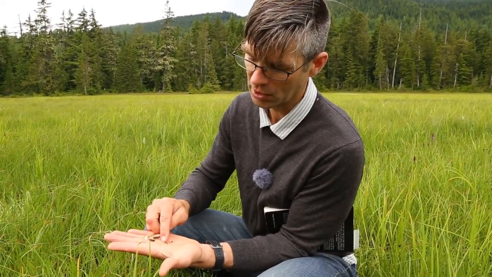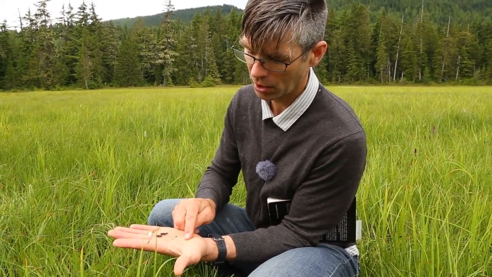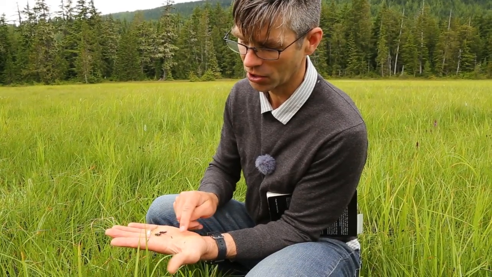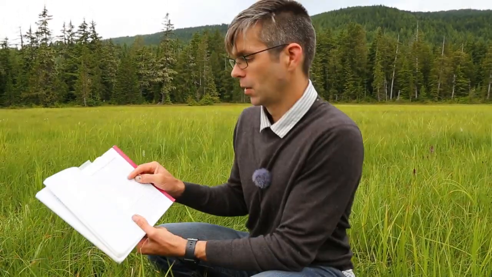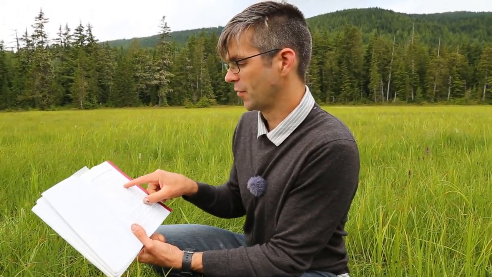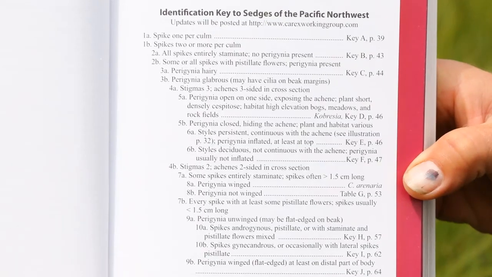We can see that this perigenium is totally sealed all the way around. It just has the tiniest little hole at the very tip where the pistil will stick out. Okay, so we go with 5B, and we can compare 6A to 6B.